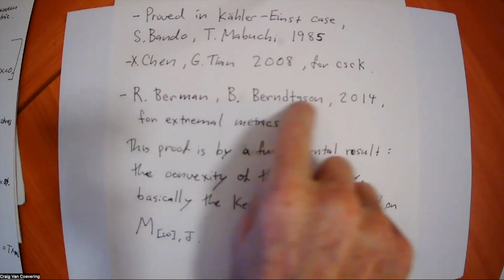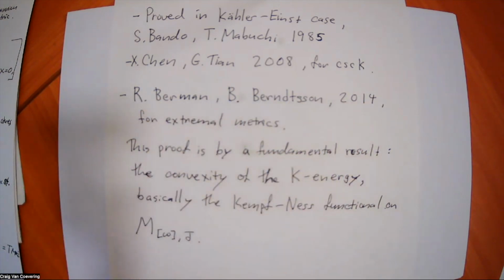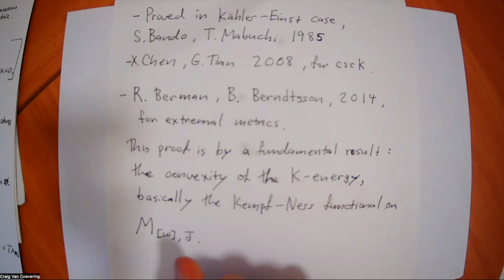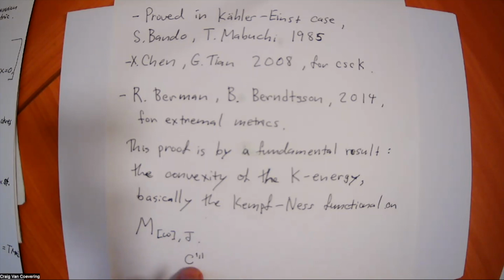And so the proof in this paper, which is interesting, is that the K energy is convex with respect to the geodesics in this space. They only have geodesics of regularity C^{1,1}, so it's geodesics in the space of potentials.